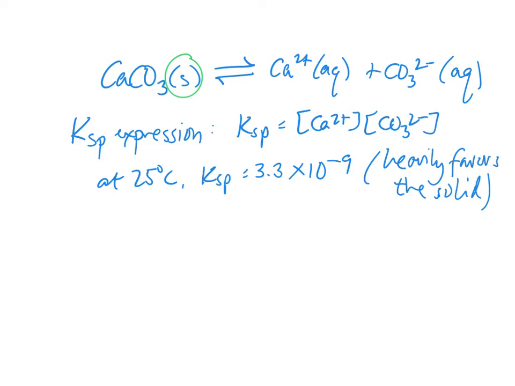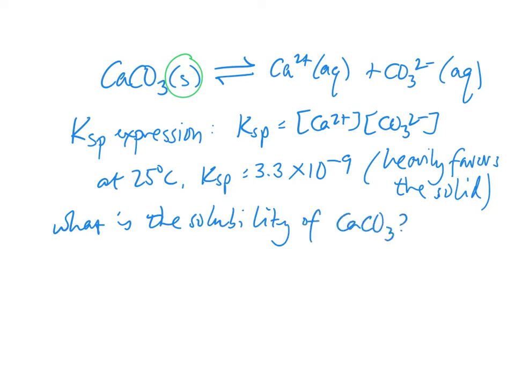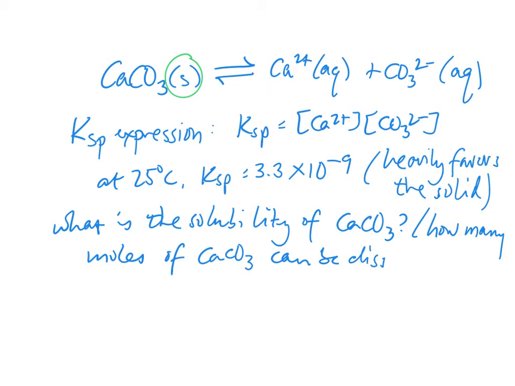If we wanted to find out the solubility of calcium carbonate, in other words, how many moles of CaCO3 can be dissolved in a liter of solution, we can describe this in two ways, as we'll learn.